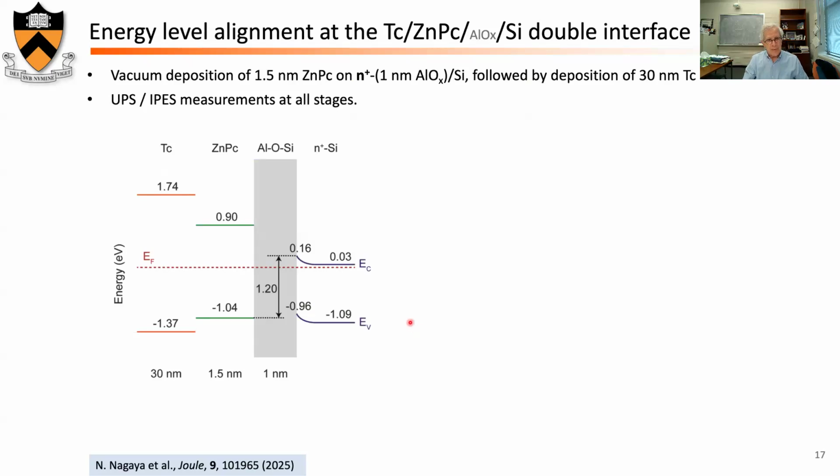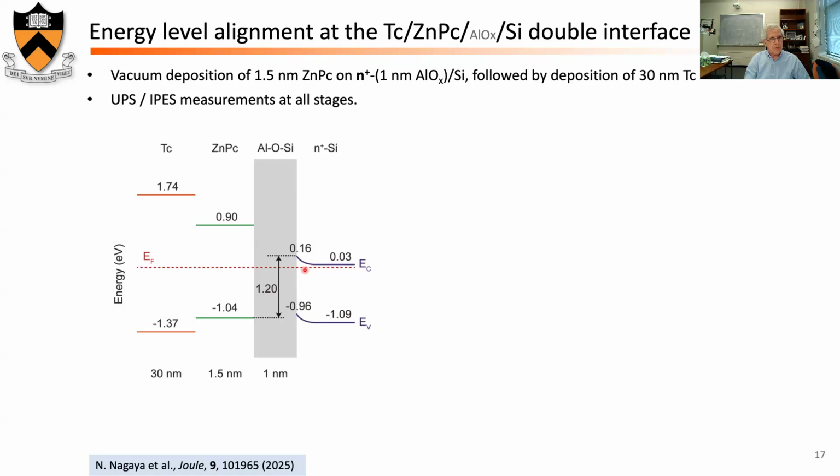So that was done. We looked very carefully at the electronic structure of this double interface, tetrazine, zinc PC, silicon. The silicon, of course, is always passivated with an extremely thin layer, 1 nanometer or even a little less than 1 nanometer, of aluminum oxide on the surface. Here I'm going to show you two cases. The first case is for N plus silicon.